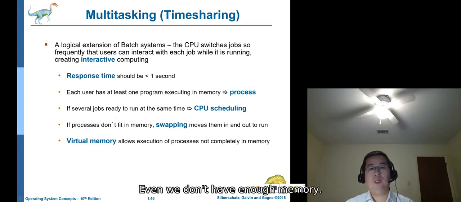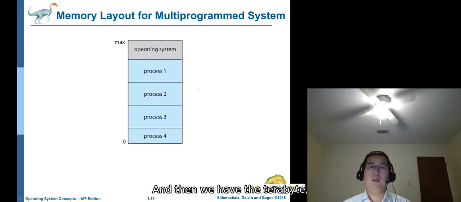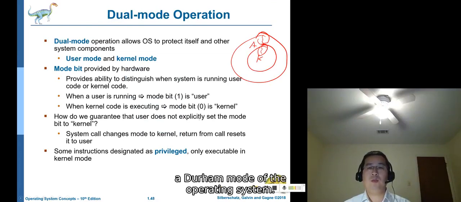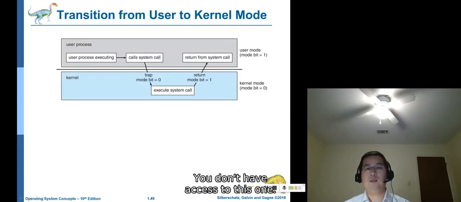Even if we don't have enough memory, we can use virtual memory through data swapping. And then we talked about the dual mode of the operating system, user mode and kernel mode, and how to handle this case and make sure it's safe, because it's hardware coded. So only the operating system kernel can make the change. You don't have access to this.